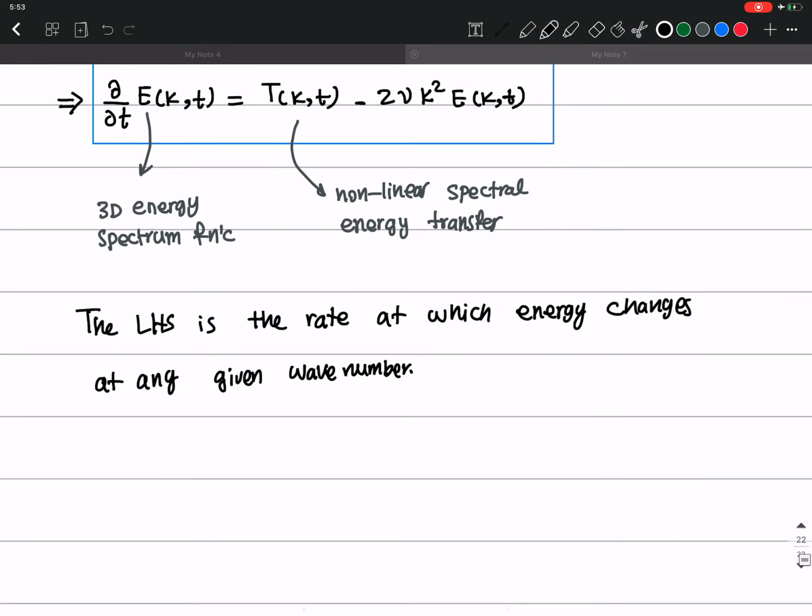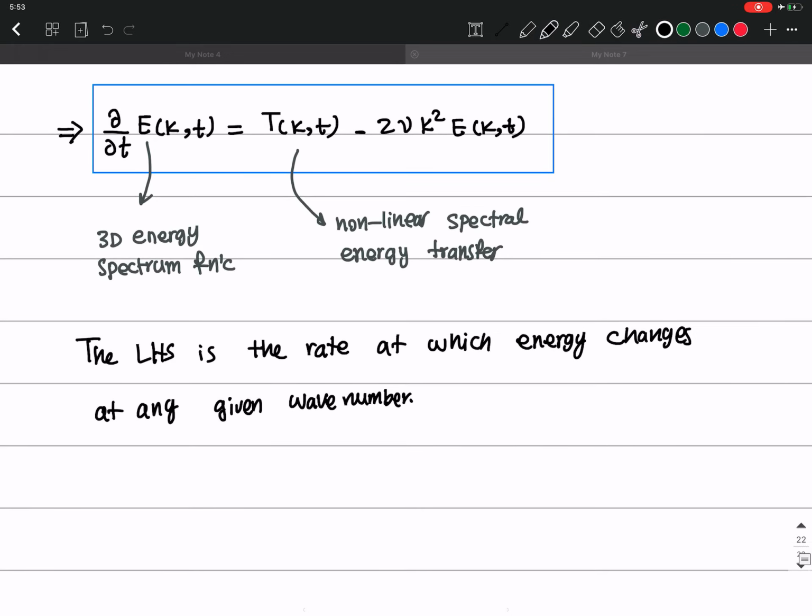Now if we integrate E over all wave numbers, we are going to get the rate of change of kinetic energy with time.